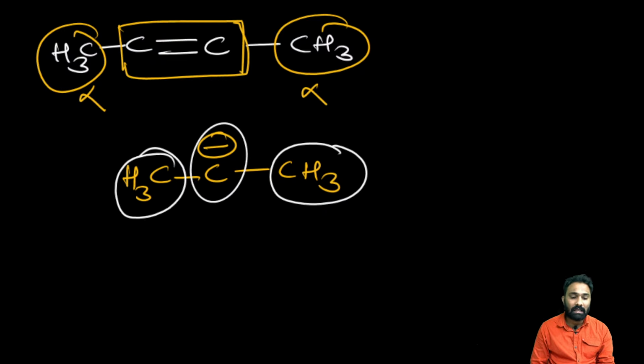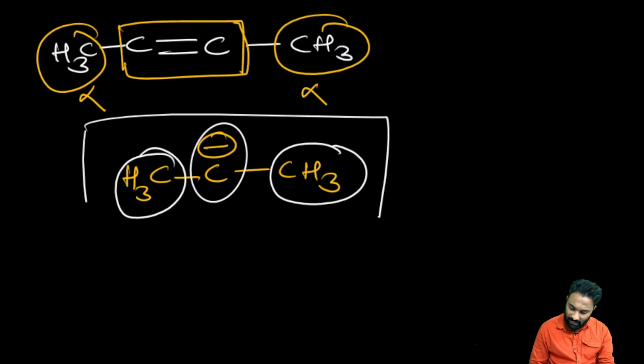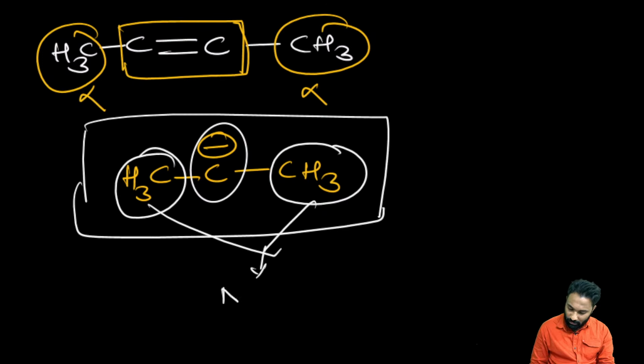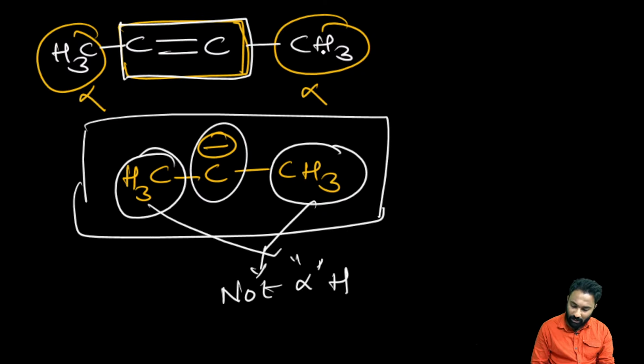It will not take the alpha hydrogens. So you have to be very careful for this carbanion. These two are not alpha hydrogens. So you have to be very careful. For this functional group, the double bonded carbon's adjacent carbons are the alpha hydrogens.